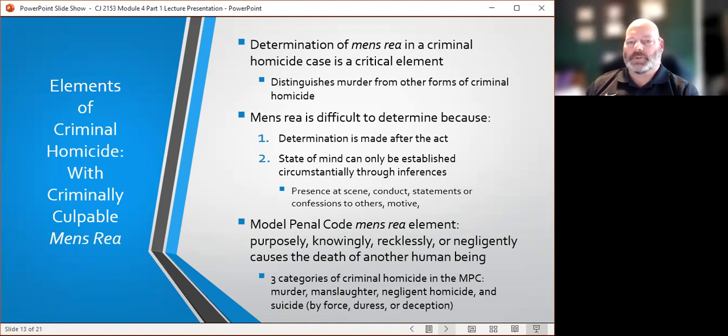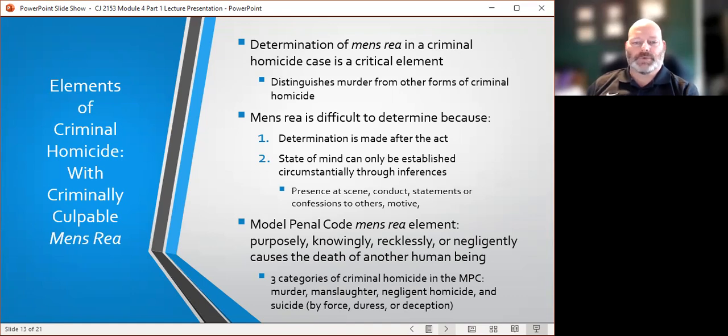But it's difficult to determine because the determination is made after the act occurs, and the state of mind can only be established circumstantially through inferences, things like: was the defendant present at the scene? What was their conduct? Were any statements or confessions made to others? And did they have motive?